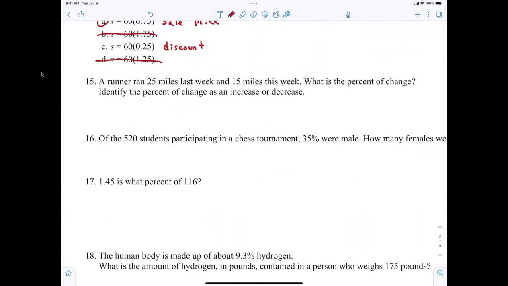All right, percent of change again, Emily. How do we do it? A runner ran 25 miles last week and 15 miles this week. What is the percent change? Identify the percent of the change as increase or decrease. So first of all, is it going to be increase or decrease? Where did you start? That's a decrease. Yes, most definitely a decrease.